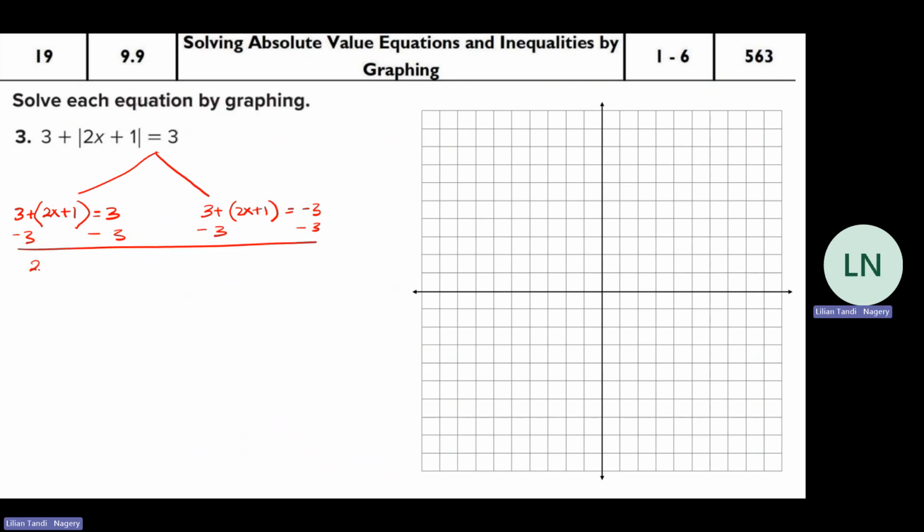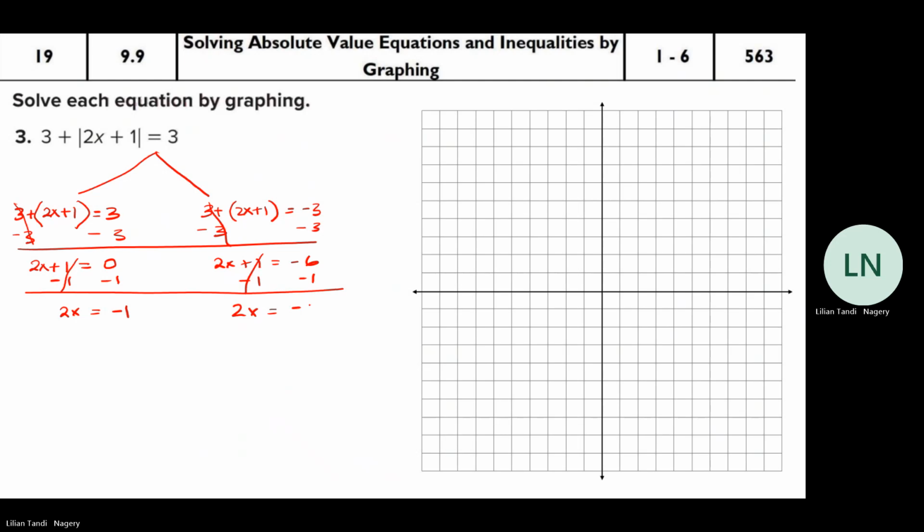You'll get 2x plus 1 equals to 0. You're going to get 2x plus 1 equals to negative 6. Then minus 1 on both sides. You're going to get 2x equals to negative 1. You're going to get 2x equals to negative 7. I don't like these numbers. Divide by 2. X equals to negative 0.5. X equals to negative 3.5.